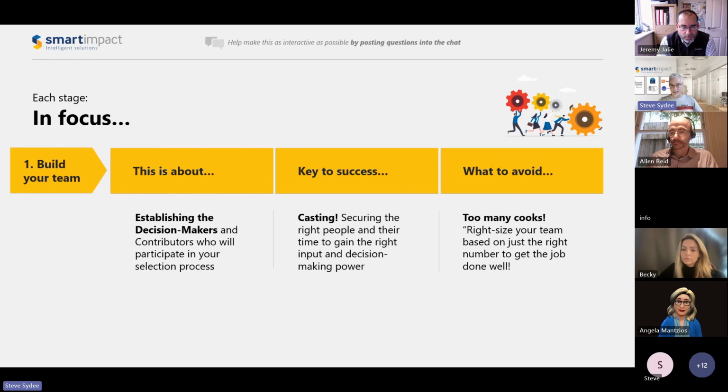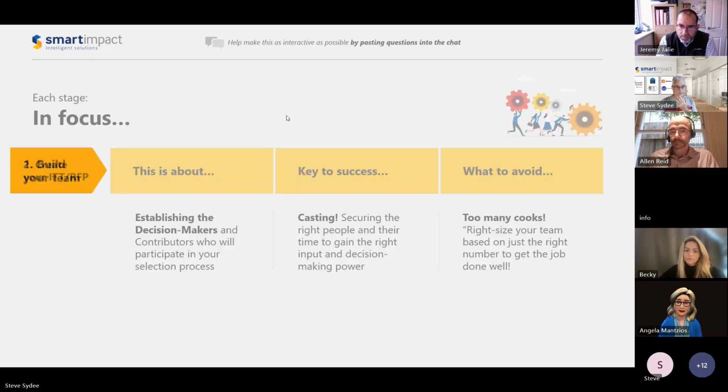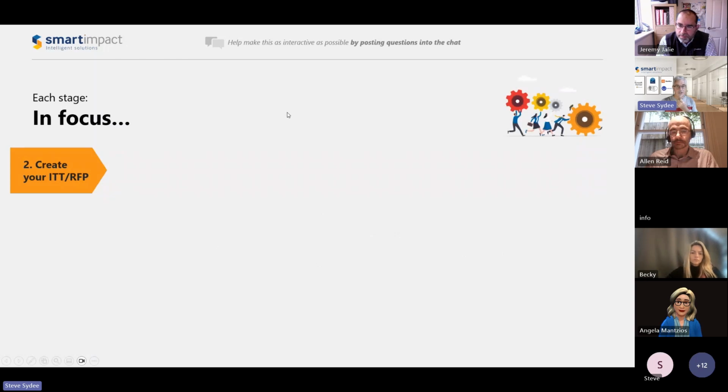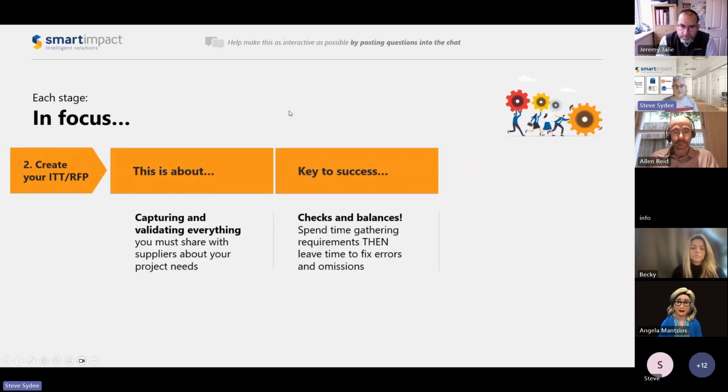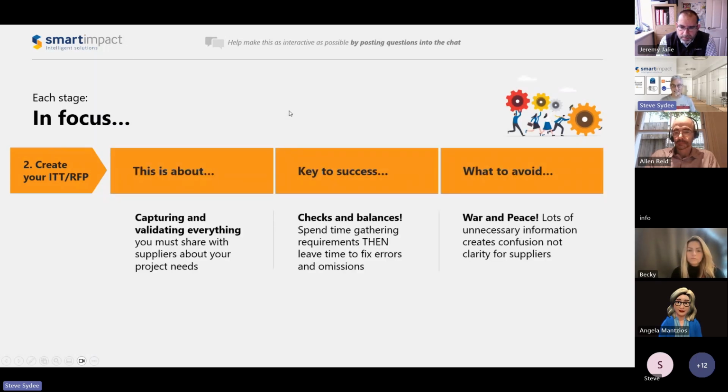So next area, the slides come through. It's the creation of your ITT and the associated documents. So it's about what you need to capture, how you capture it, what you need to share with your supplier, and it's a matter of getting it to the right degree. We come across a lot of tender documents which are far too light in information.